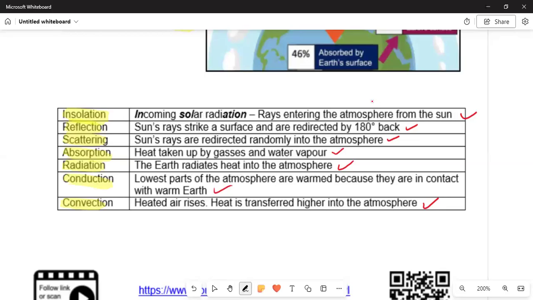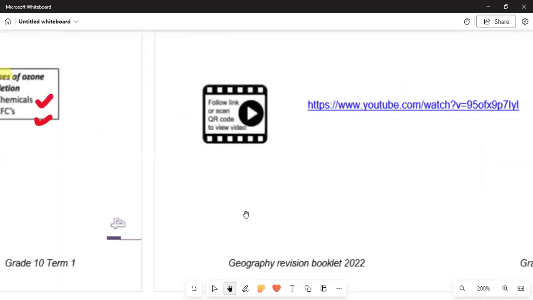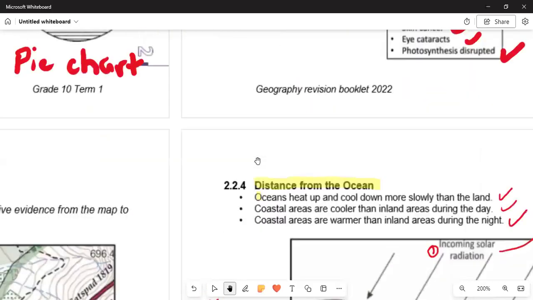And then we have radiation, the earth, and then we have conduction. This is the lowest parts of the atmosphere are warmed because they are in contact with the warm earth. And then lastly, we have convection, which is heated air rises. The heat is transferred higher into the atmosphere. So those are the concepts we also need to understand.